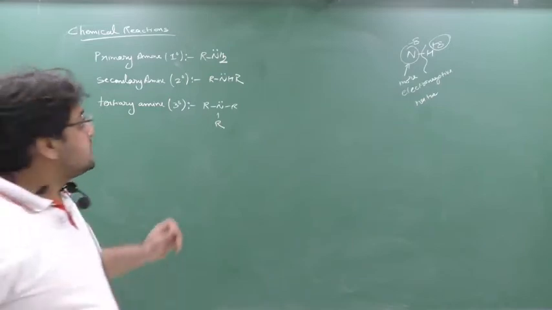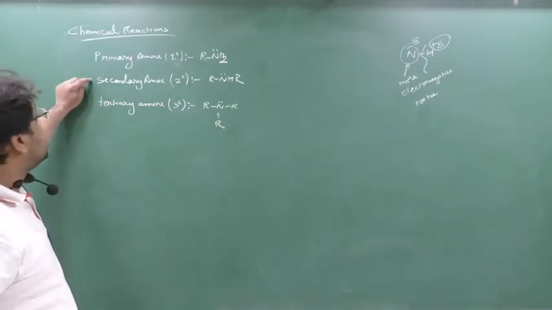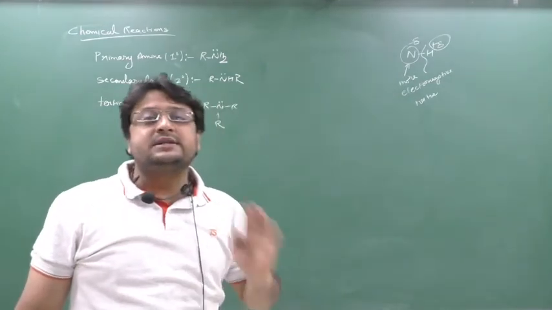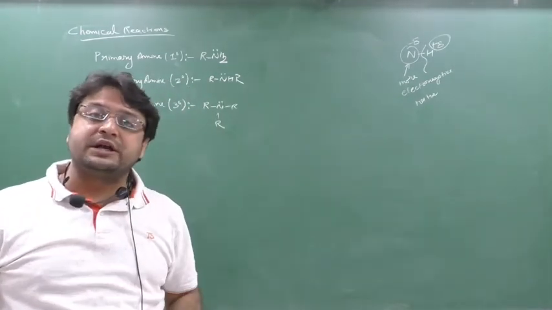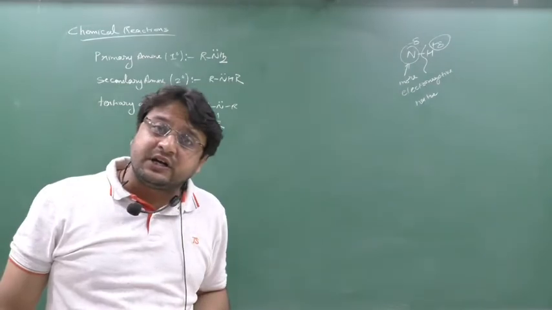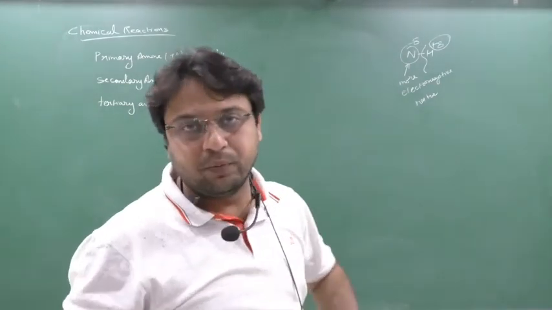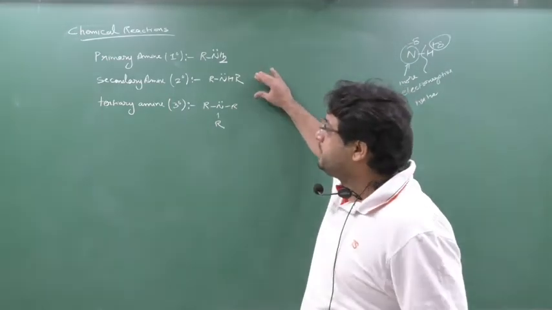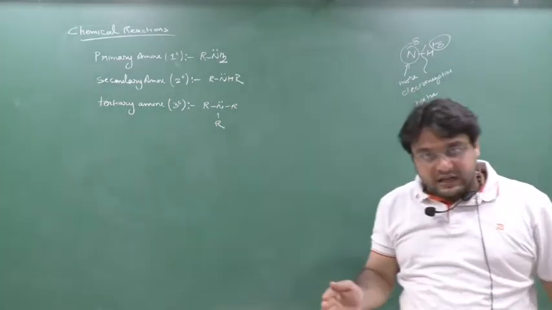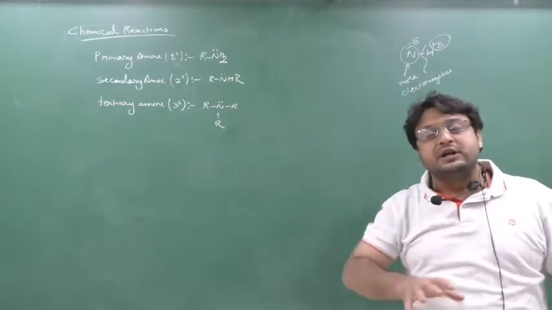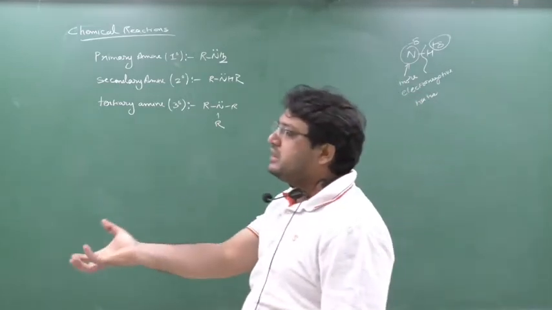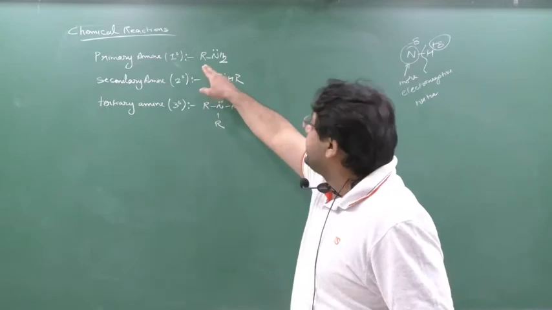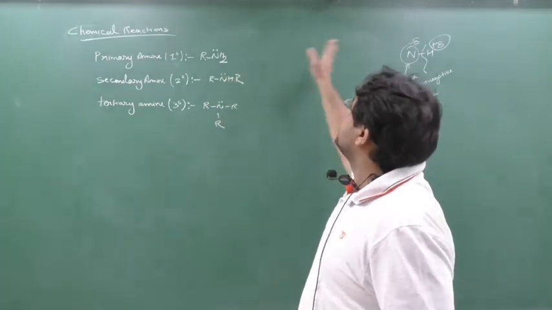Sometimes primary amine, secondary amine and tertiary amine will show a common reaction, and sometimes they will not show the common reaction, they will show different reactions with the same reagent. I hope you understood. Suppose I am taking any one reagent X, and if I react it with this primary amine, some compound will be formed.